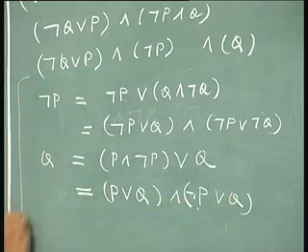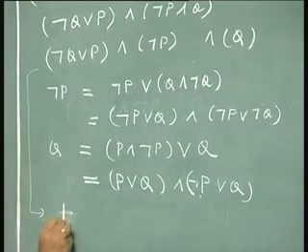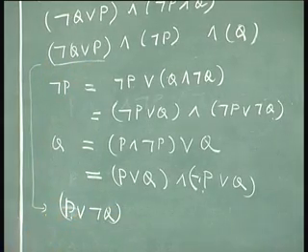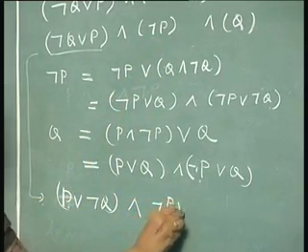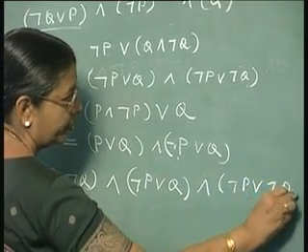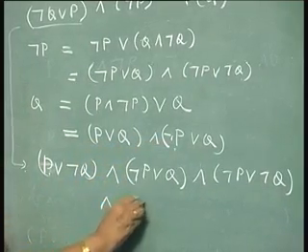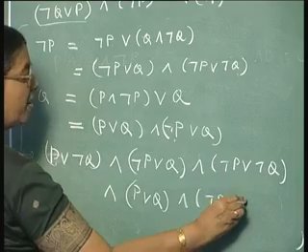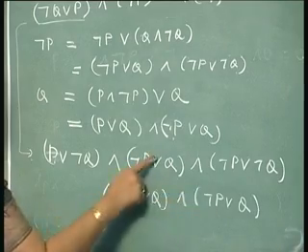So the whole formula reduces to not Q or P, that I will write as P or not Q using commutative laws, and instead of not P you have to write these two terms, not P or Q and not P or not Q, and instead of Q you have to write these two terms, P or Q and not P or Q. Now you can see that not P or Q is repeated twice.